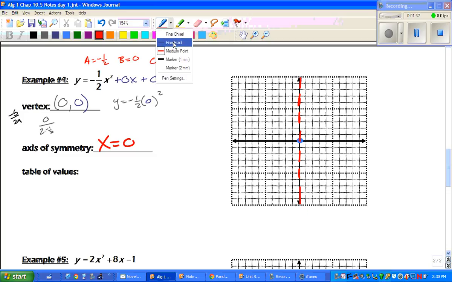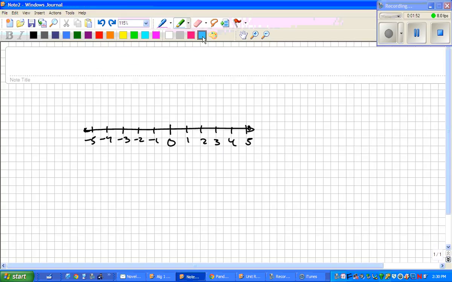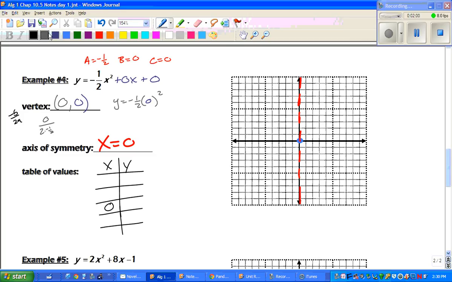Now all we have to do is the table of values. So we've got our x and our y. Our middle point is 0, which we already figured out. Then remember, if we're starting with 0, we go to the left and to the right, and that's how we get the numbers we're going to use: negative 1, negative 2, and 1 and 2.